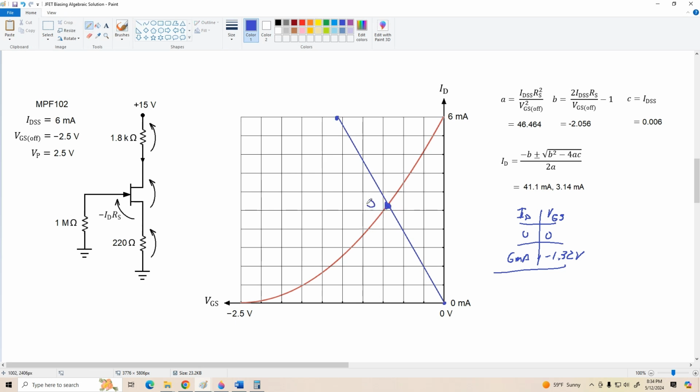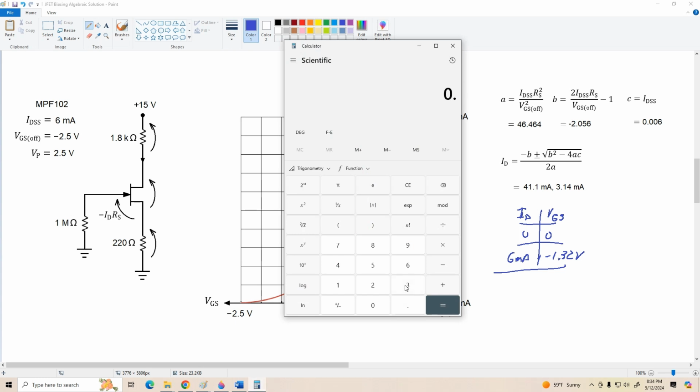All right, our Q point, and it looks like about maybe what, 0.1, 2, 3, 4, 5, about 0.53 times IDSS. So 0.53 times 6 milliamps is about 3.18.